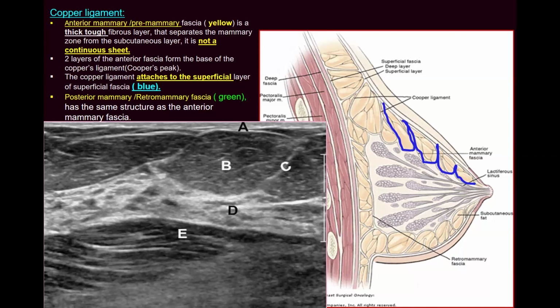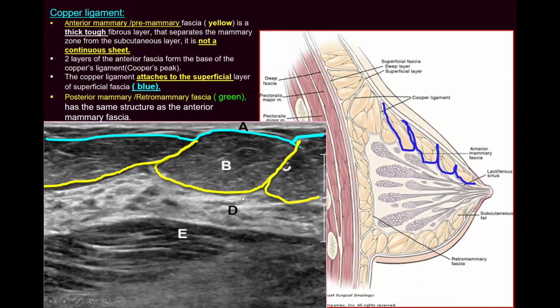mammary zone to the subcutaneous part of the breast to attach to the superficial fascia. Here you can see the superficial fascia, and here this is the anterior mammary fascia.